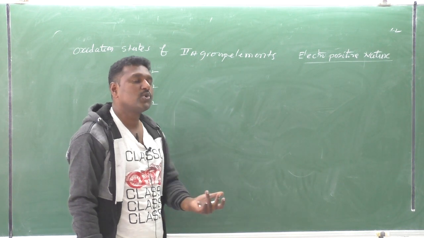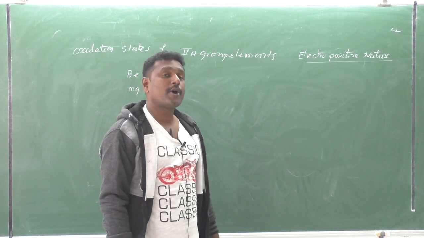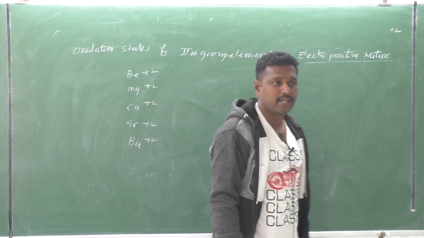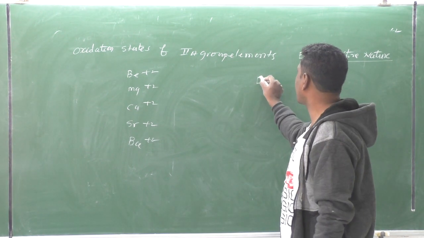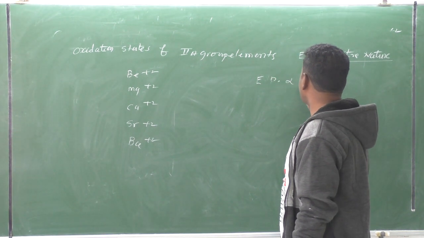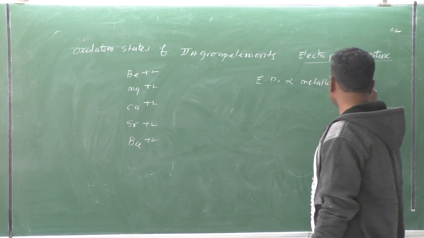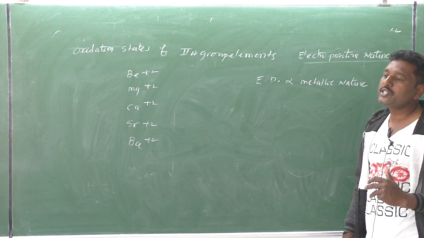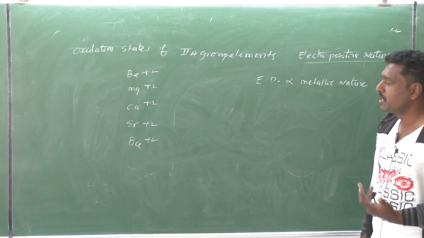Electropositive nature is directly proportional to the metallic nature. This is very, very important. So if electropositive nature increases, metallic nature also increases.